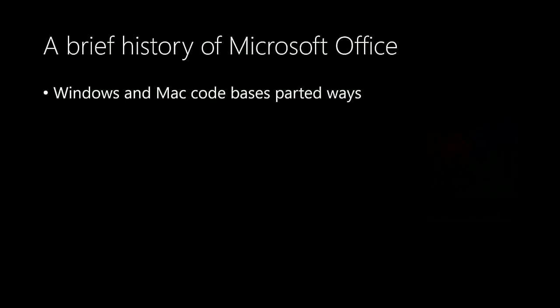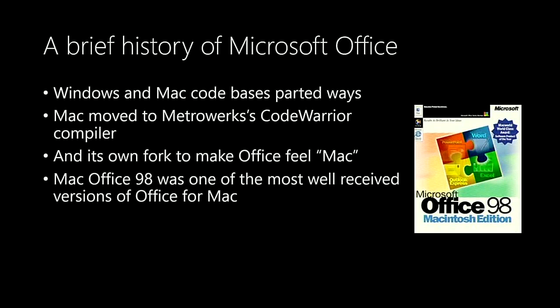What we did instead is create a separate team that was completely focused on Mac. Part of this team is in Silicon Valley, part of this team in Redmond. This team has complete freedom to optimize for Mac, both for performance and for Mac-appropriate user experience and application features. The product was called Mac Office 98.